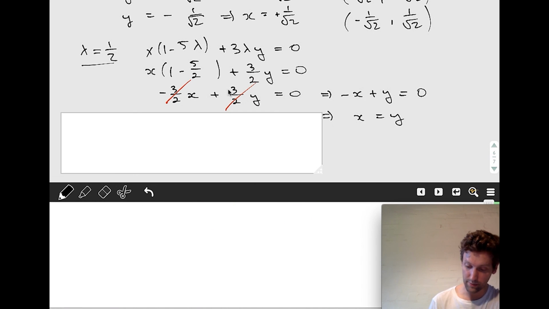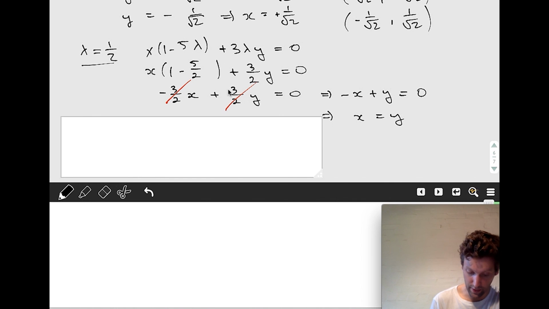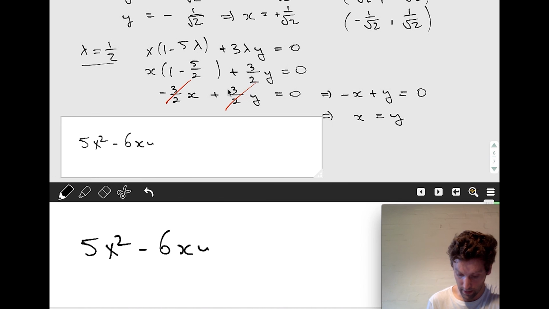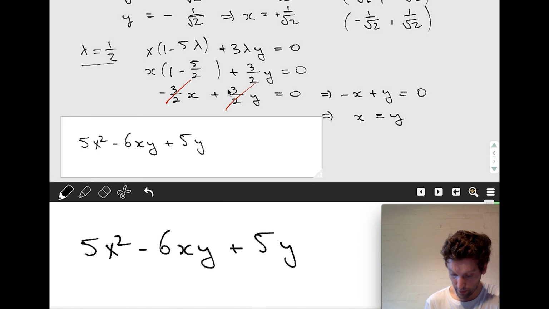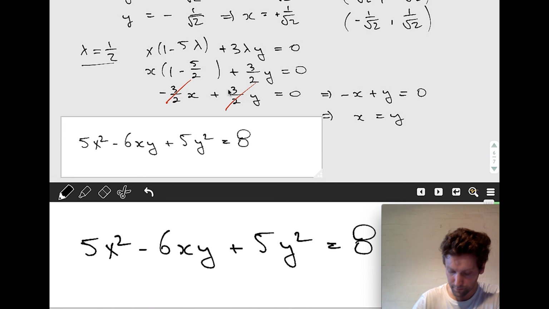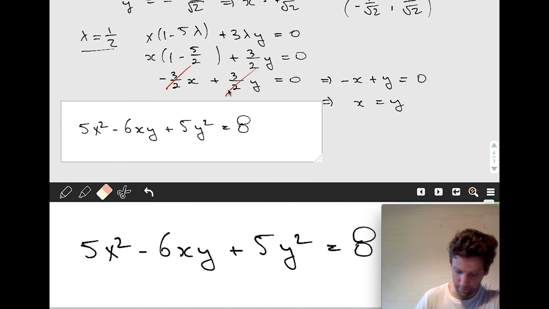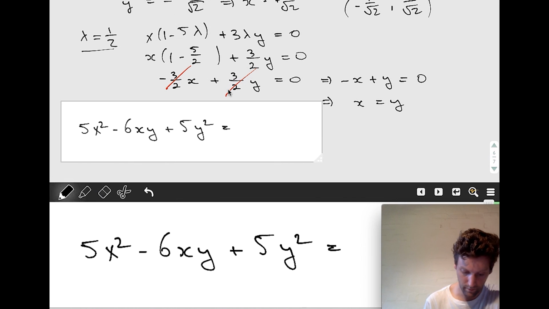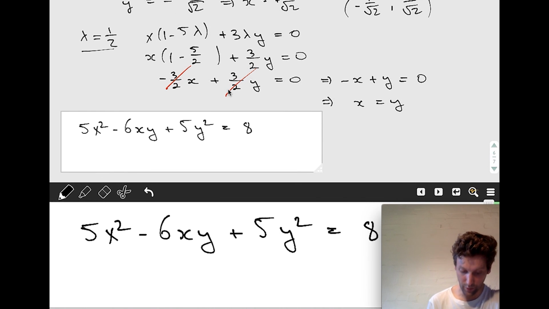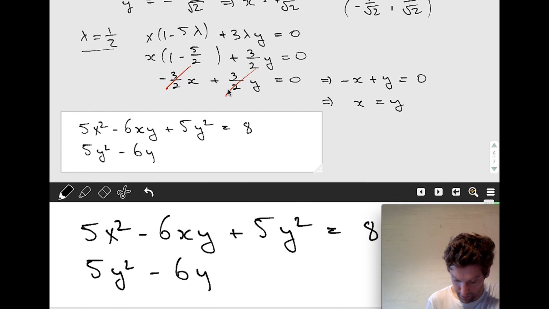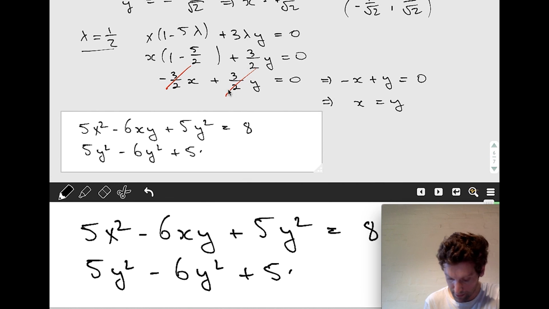So let's again substitute that straight into our constraint. So the constraint was 5x squared minus 6xy plus 5y squared was equal to 8. And we've just seen that x is equal to y, so I get 5y squared minus 6y squared plus 5y squared.